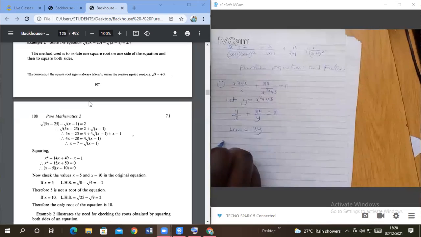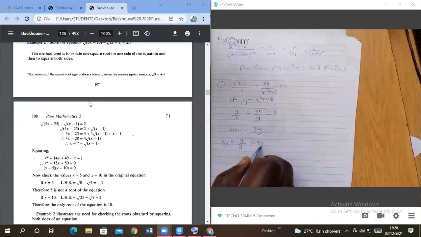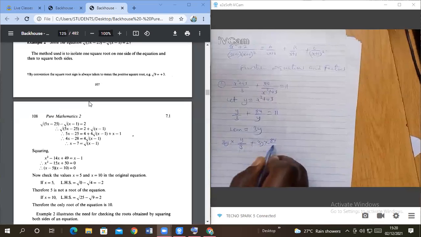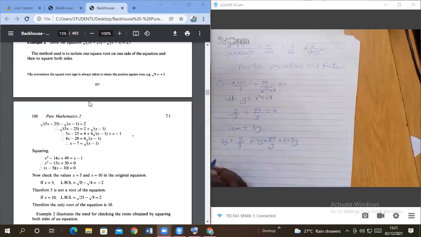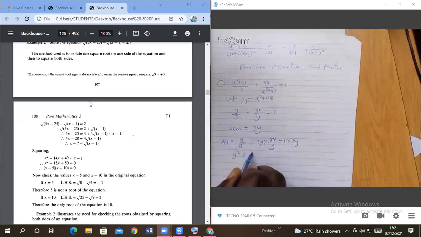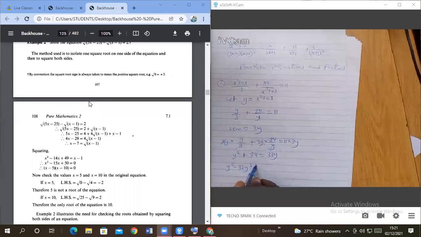So I have 3y times y over 3 plus 3y times 84 over y should give us 11 times 3y. The 3's will cancel and I have y squared, the y's will cancel, 84 should give us 33y. Collecting like terms, we have y squared minus 33y plus 84 is equal to 0.